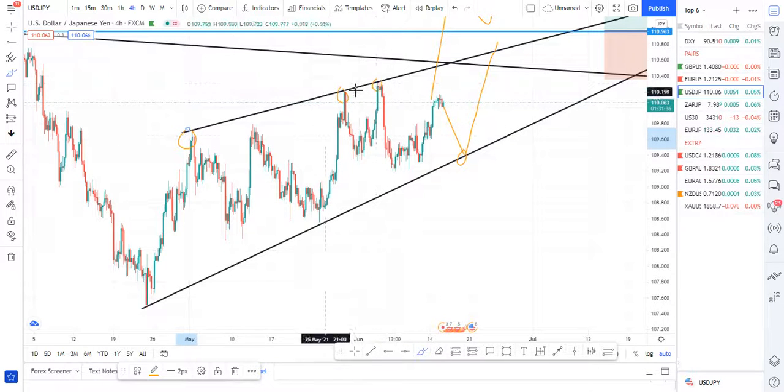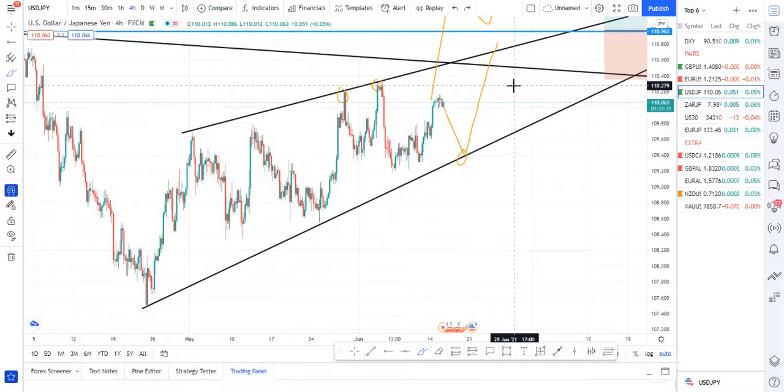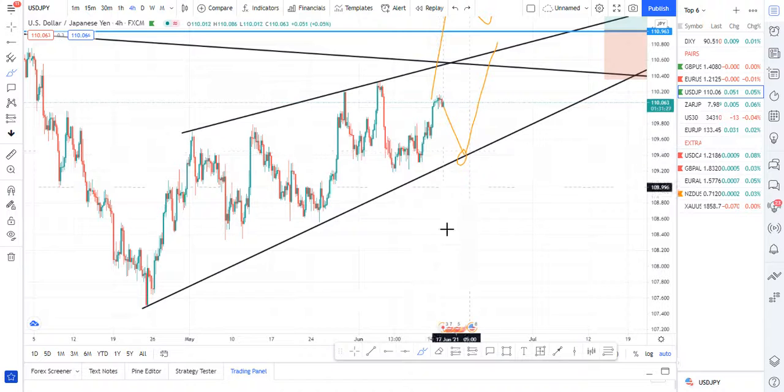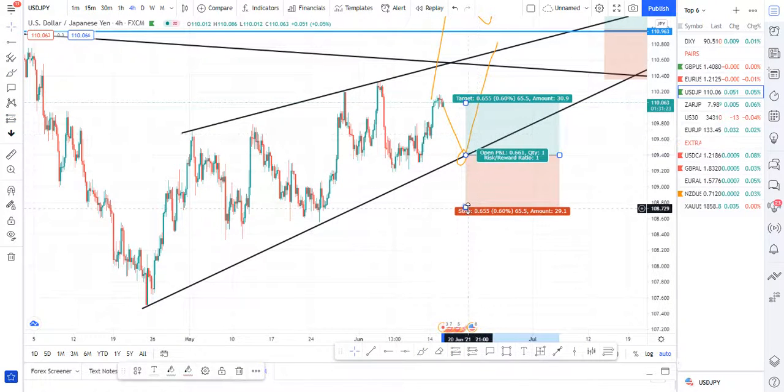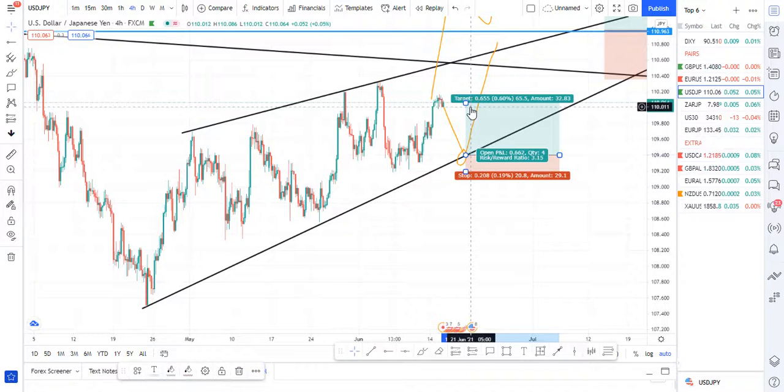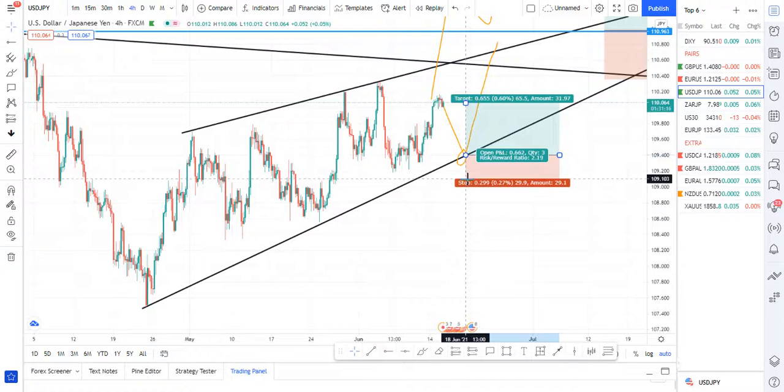So now, as you can see, it's 3 touches already. So on the 4th one, we should be expecting something different. So I could also come here, because I know that we're expecting a strong dollar. Can enter here. What a good risk to reward, but I don't think, maybe 30 or 25.